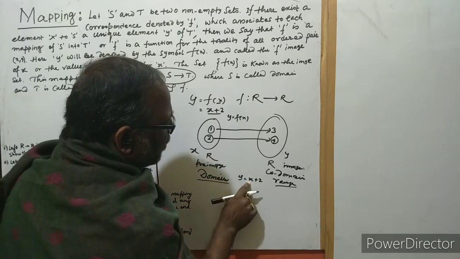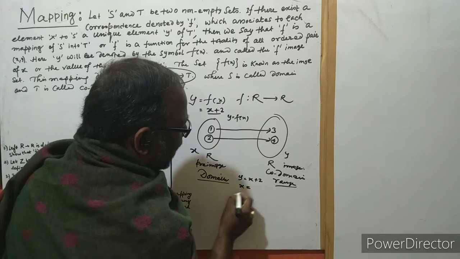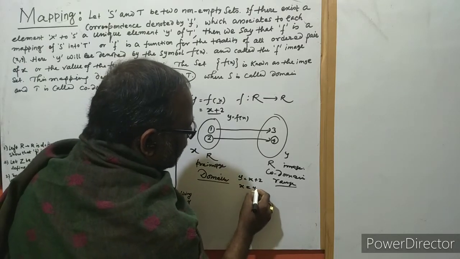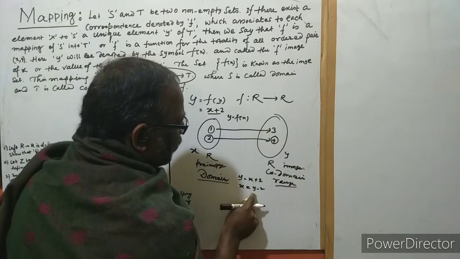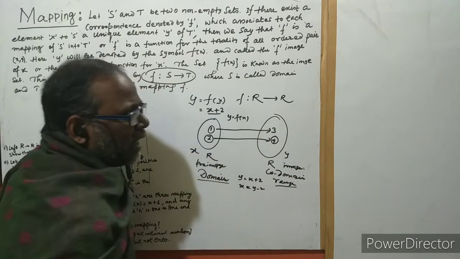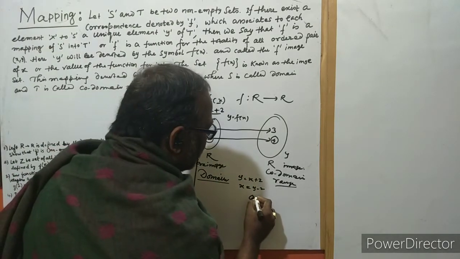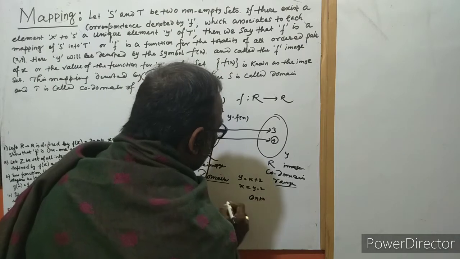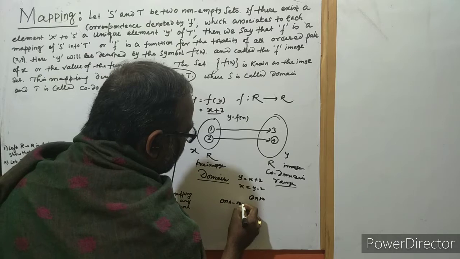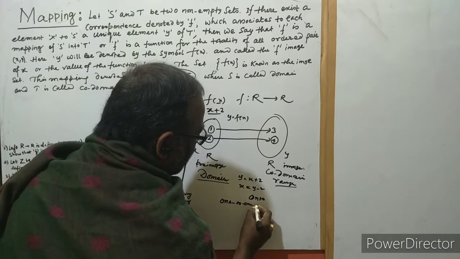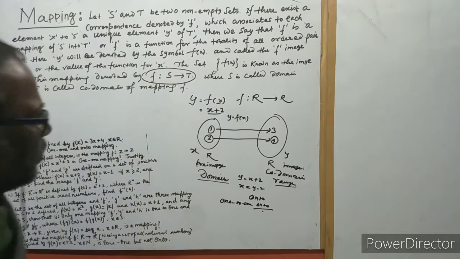If we put in a real number, then we get y as a real number. As we find x as the subject in terms of y, for each real value of y we put in, we get x as a real number. So we can say this is an onto mapping. So this is one-to-one onto.